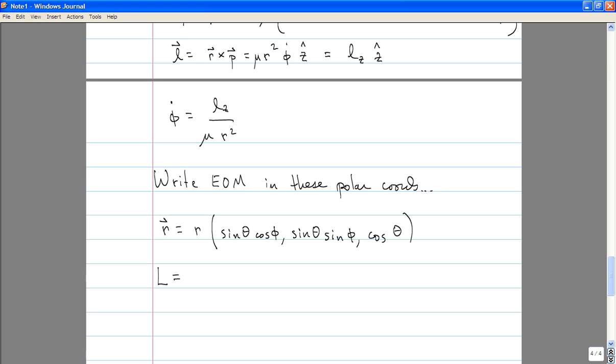as their time derivatives. Now, I believe I made you go through this exercise for the spherical pendulum in one of your earlier problem sets. Is that correct?